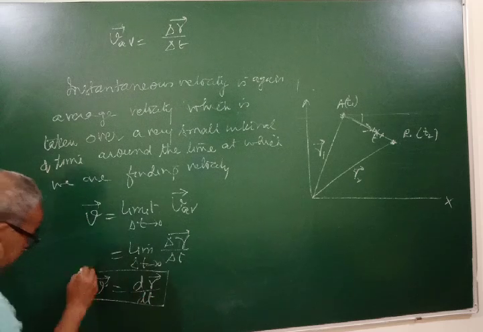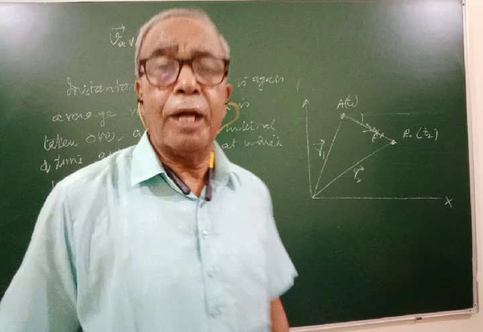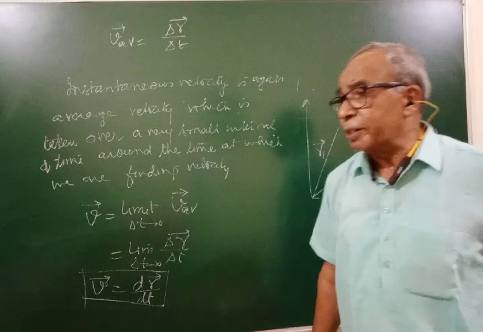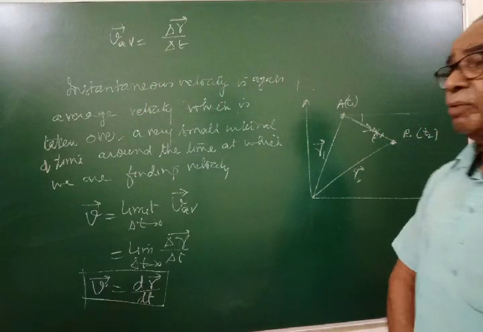Differentiation starts from here. dr upon dt, change in position vector per unit time, is the velocity.